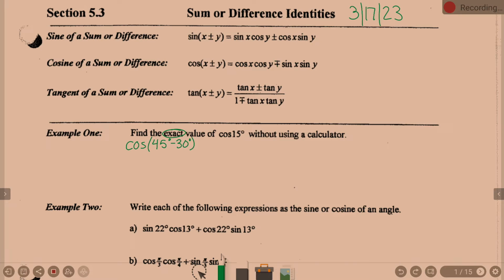Is that still equivalent? Yeah. And I guess I can put over here, what are we starting with? We're starting with cosine of 15 degrees. Well, I've just rewritten it. 45 minus 30 is 15, yes? We picked 45 and 30 because I know some stuff about 45 and 30, don't I? Those are on my chart.